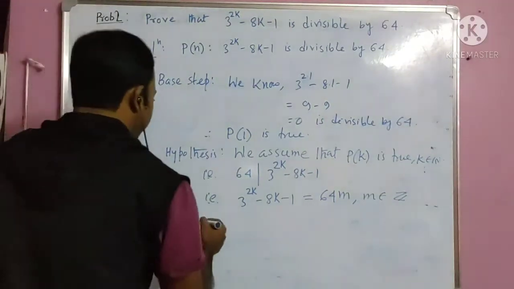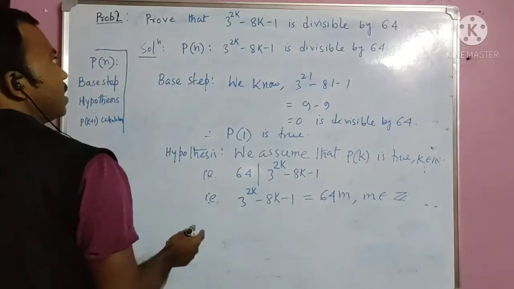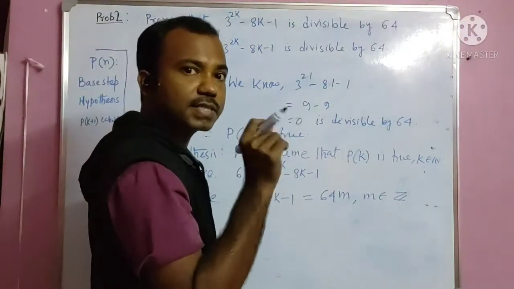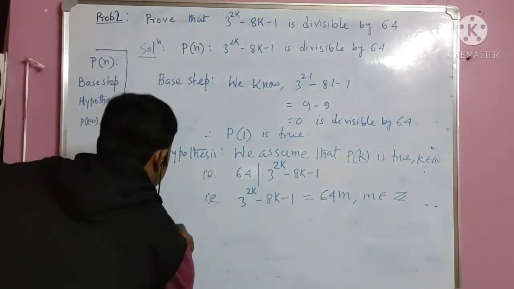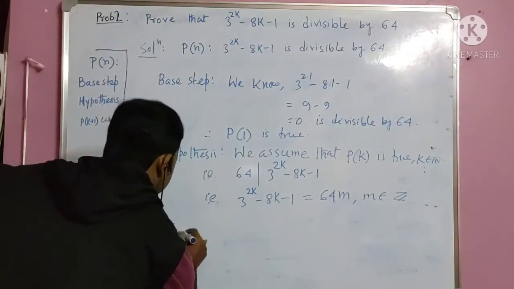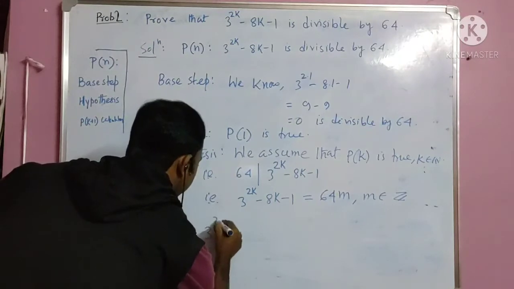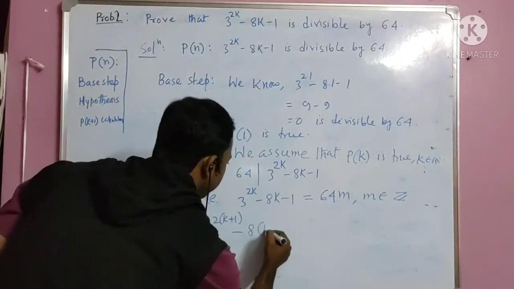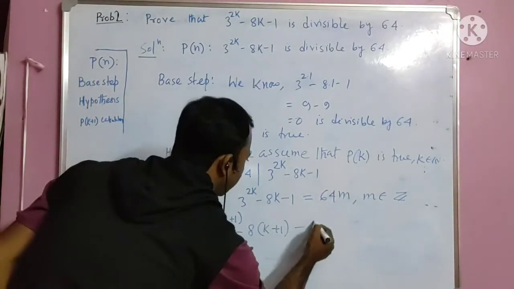What does Pk plus 1 look like? You have to replace k with k plus 1. Now calculate: 3 to the power 2(k plus 1) minus 8 into (k plus 1) minus 1.